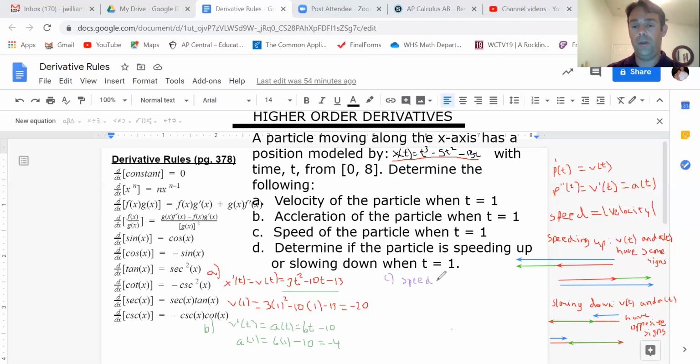All right, so speed at t equals 1 is the absolute value of the velocity of 1. So that's the absolute value of negative 20.